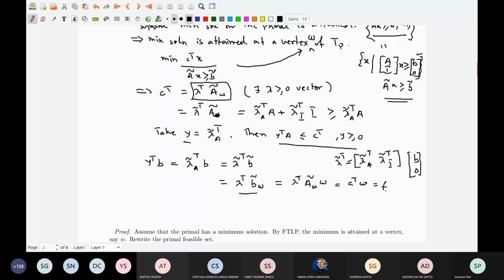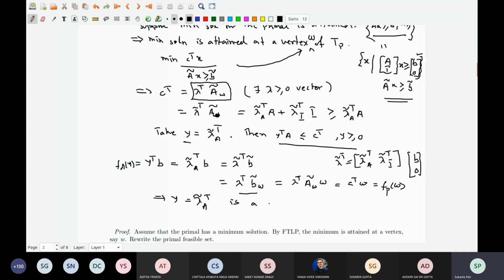So this is FD of Y. So we have found in that case the equality that we first showed: there exists a Y in the dual feasible set, and the dual objective value at that point is equal to the primal objective value at W. And hence it follows, by the previous observation, that Y, that is equal to lambda tilde A transpose, is a dual maximum.